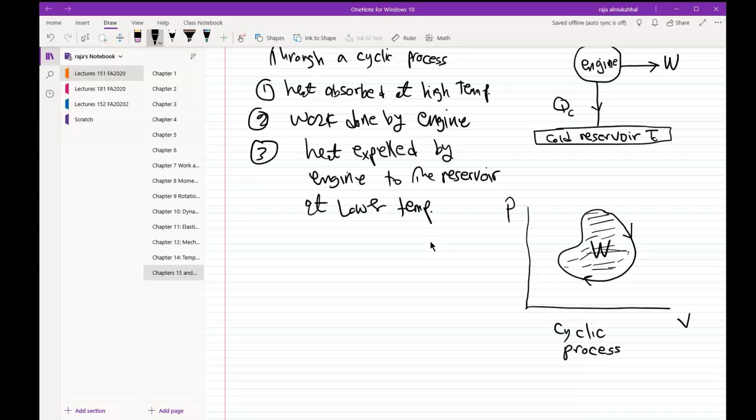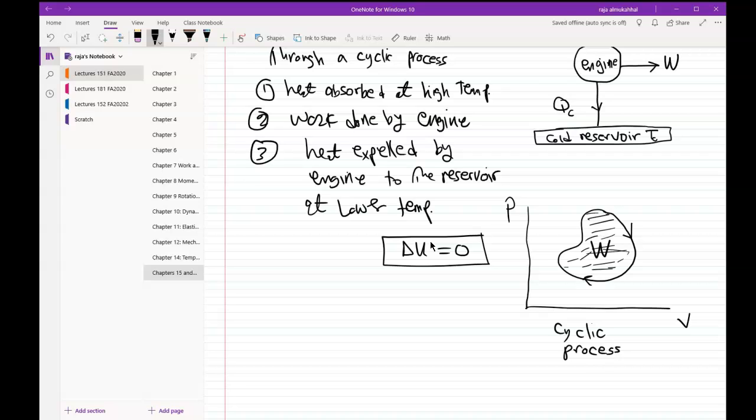Because I start with one temperature and end up with the same temperature, overall the change in temperature is zero, and therefore delta U, the change in the internal energy of the system, is zero. There's a lot of heat there, but for a cyclic process such as a heat engine, the change in the internal energy does not change at all, and therefore it's equal to zero.